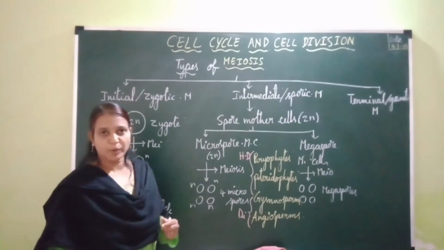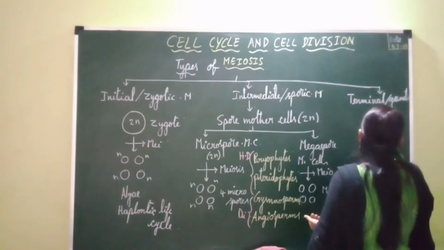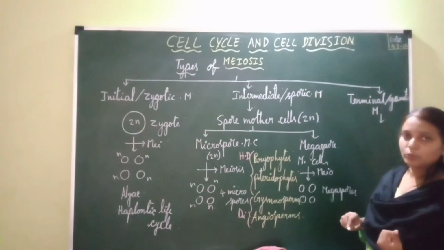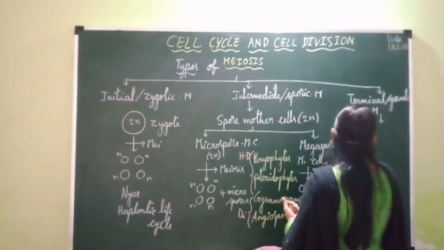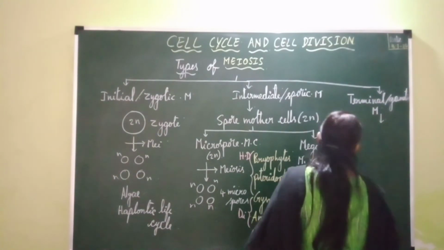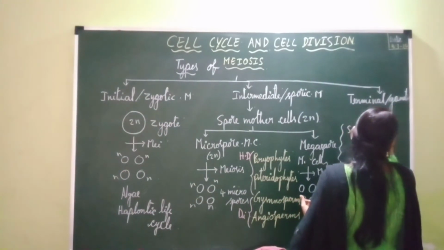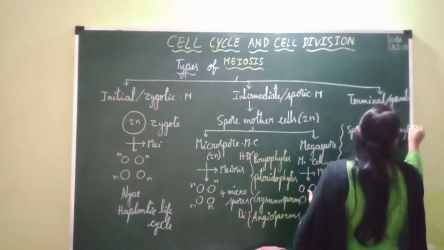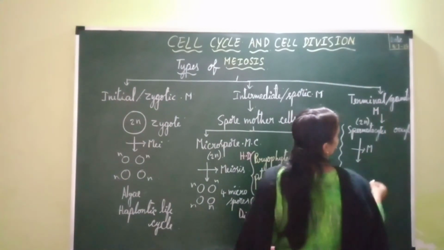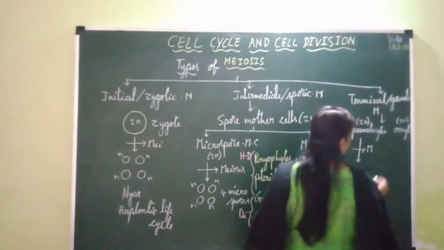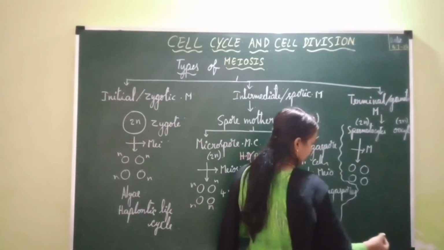Next coming to the third type of meiosis, that is terminal meiosis or gametic meiosis. It occurs in animal cells, that too diploid reproductive cells present in animals: spermatocytes and oocytes. Spermatocytes are diploid and undergo meiosis, resulting in the formation of 4 haploid sperms or male gametes.